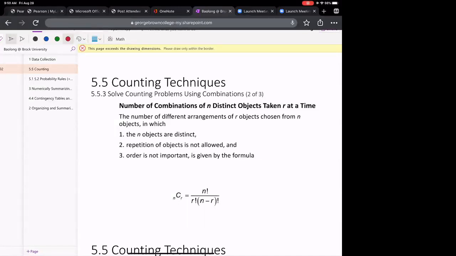This is the difference between combination and permutation. In permutation, order is important. In combination, order is not important. So the formula for combination: nCr equals n factorial divided by r factorial multiplied by n minus r factorial.